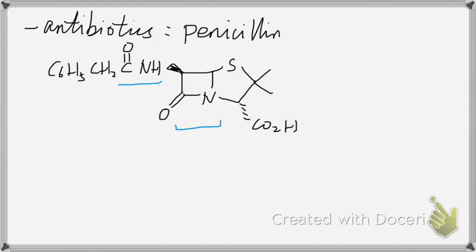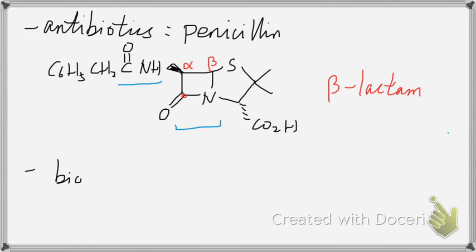For the 4-membered ring lactam, as in penicillin, we will call it beta lactam. The nitrogen that is attached to the beta carbon of the carbonyl forms the amide linkage.